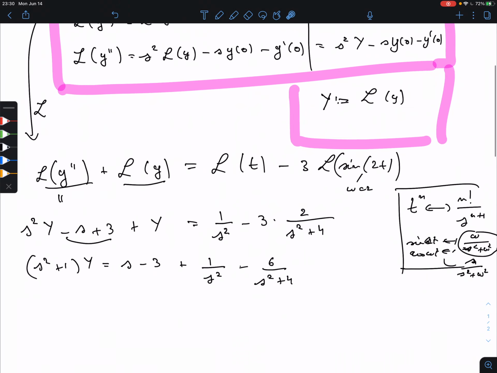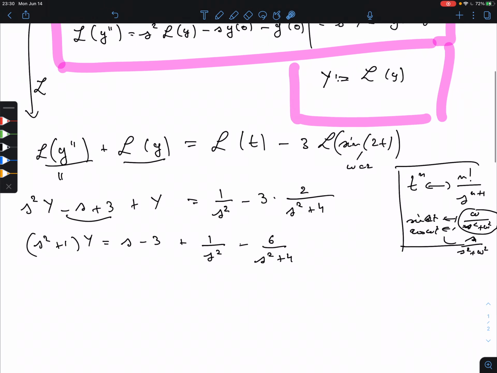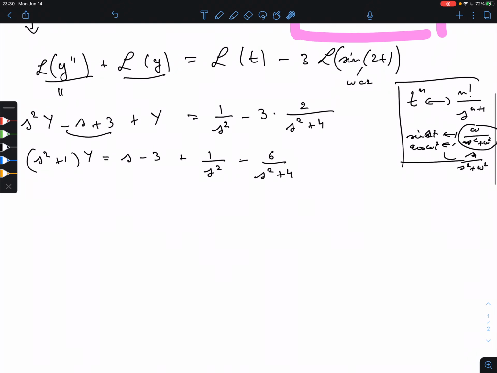Now, in this method, we're treating both at the same time, but because we have now several terms, we should be a bit careful to combine them too quickly. So before I decide on common denominators, let's just solve for Y, okay? This means I have to divide both sides by s squared plus 1, and if I have a sum, I'm going to divide each of these by s squared plus 1.